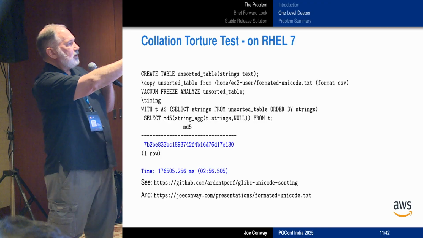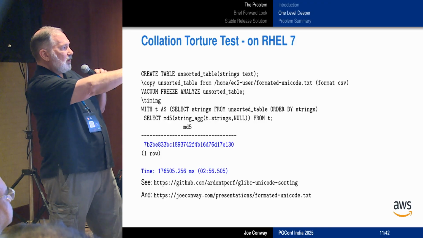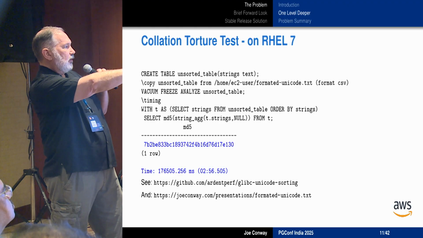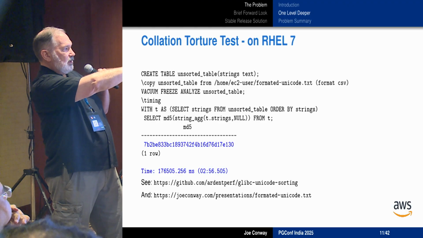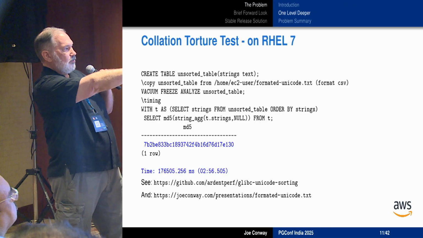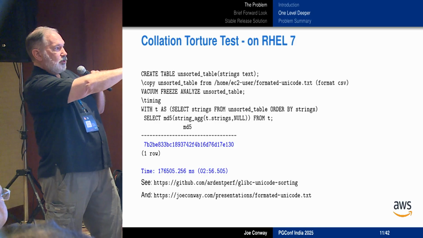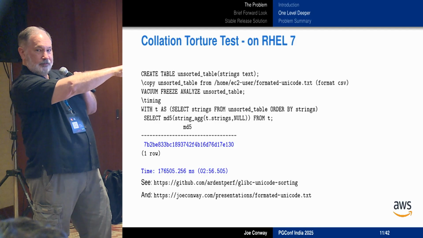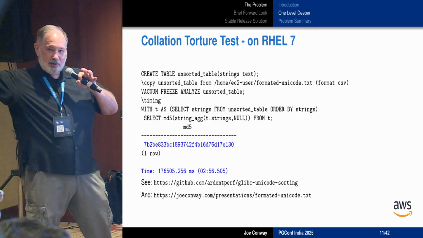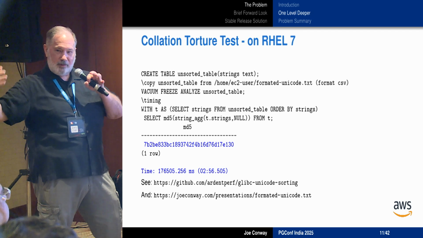So if I copy that into a table, and then this query you see here, you'll see this over and over again. What I'm going to do is select all the strings from the unsorted table and order by those strings, and I'm going to do a string_agg over it with no delimiter, which just jams all the strings together in sorted order and then does MD5 on it.